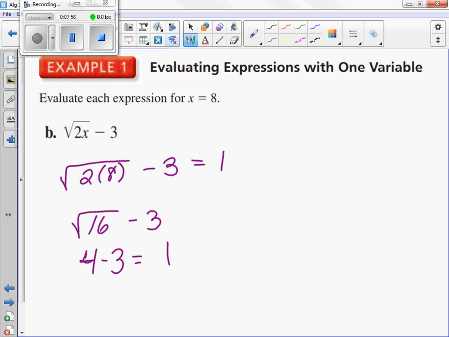It's 4 squared. 4 times 4 is 16. 8 times 8 is 64. So, if you have those down in your head, that's awesome. If not, the calculator will help. But our answer is 1. That's it. Questions on these here? We good with these so far? Yes?